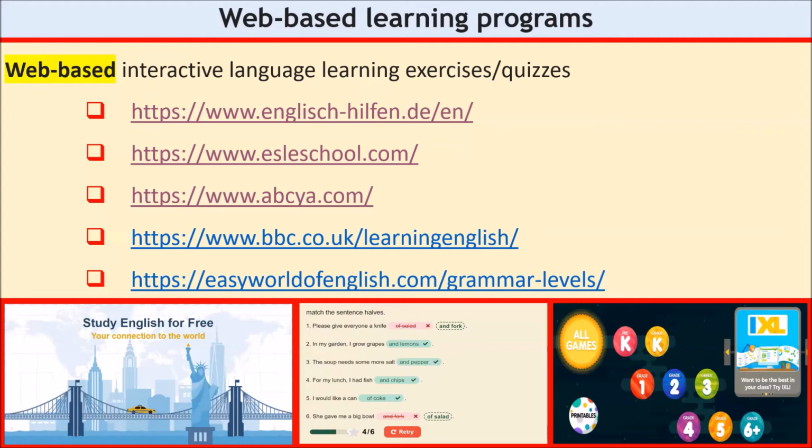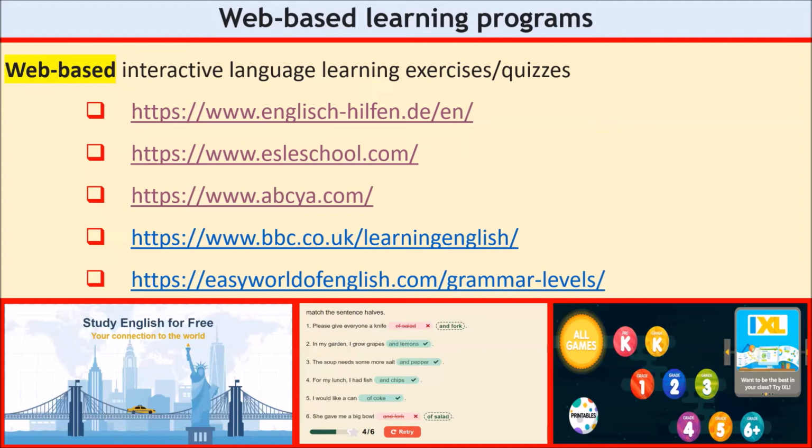Here I am giving very useful examples, very common, popular and interesting websites. I am giving five names of websites, with links. Then you can go to these websites and look at what is there. I am showing one or two examples here.